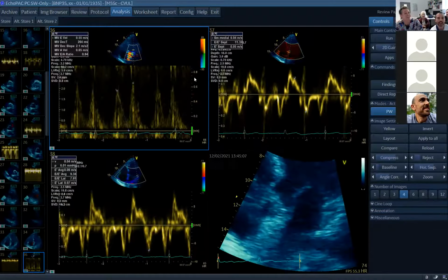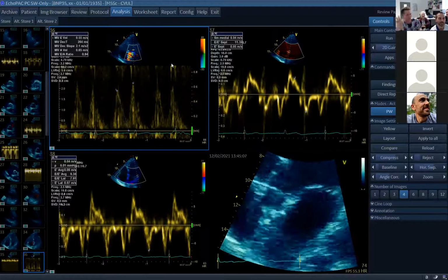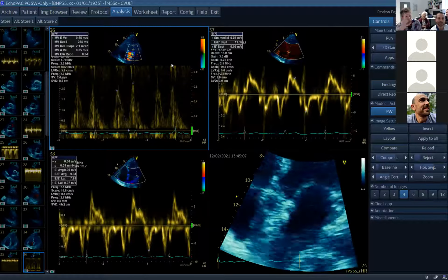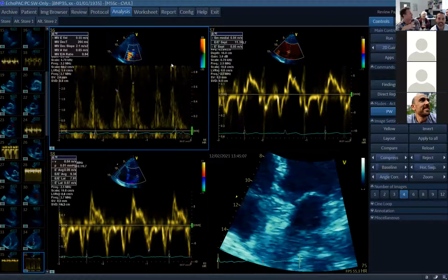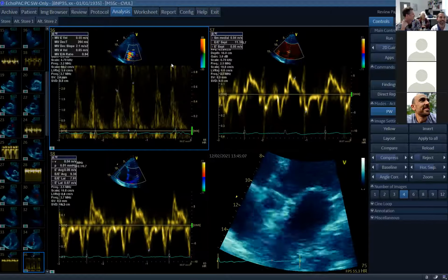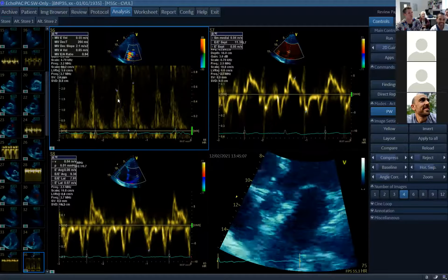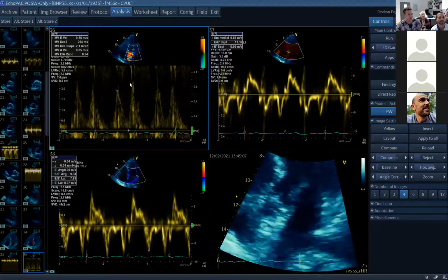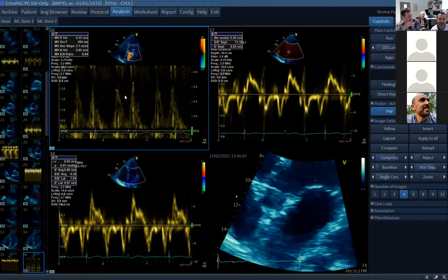We said he's in mild, and again, we can argue on the guidelines, but if we're going with the best we got, I think we could say he's got normal left atrial pressure. We could argue that it's indeterminate. But we've got a normal left atrial size, and an E to A ratio that's less than 2.